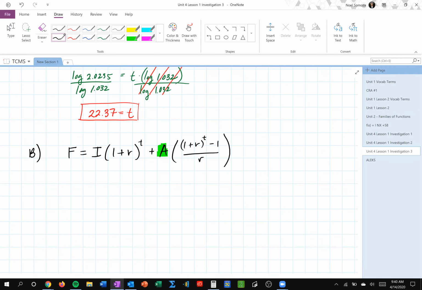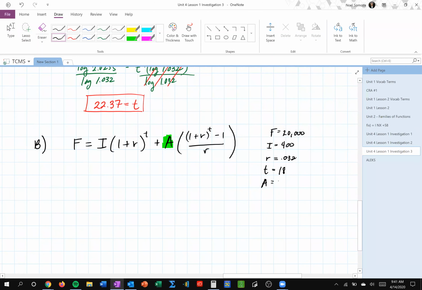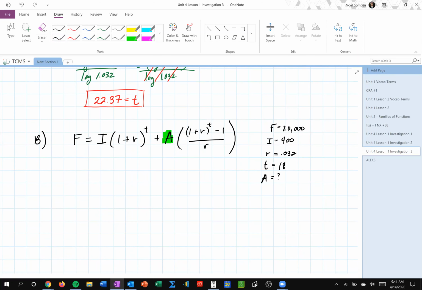The final value is still the goal of $20,000. The initial is still 400. The rate hasn't changed, still 0.032. The time is 18 years, and A is what we need to find. How much should they invest on a regular basis, in this case every year?